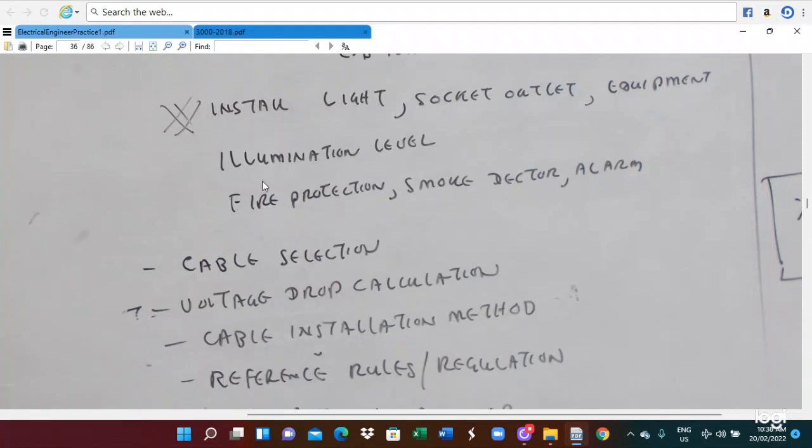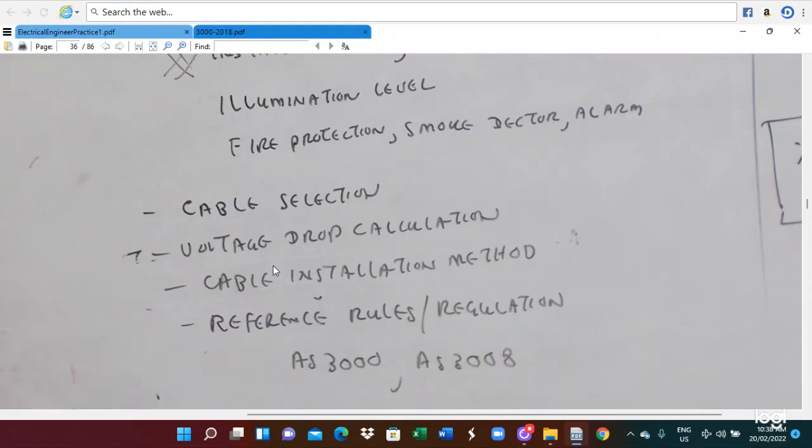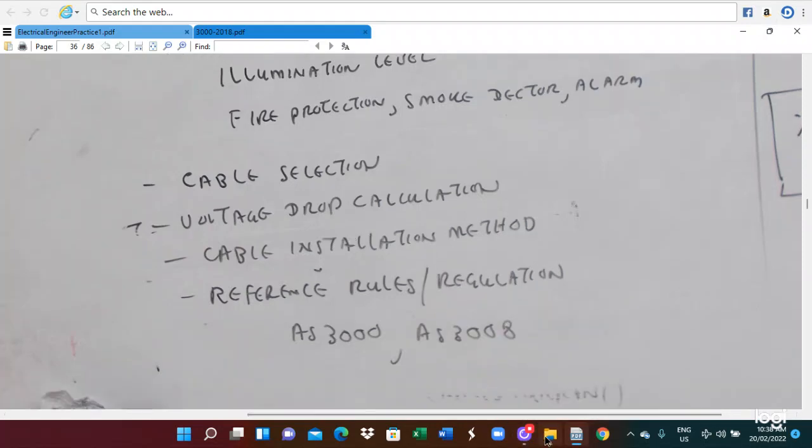Then depending on your lighting and socket outlets, we have to determine the cable selection. For cable selection, we utilize the AS3008 rule. And then we also have to calculate the voltage drop, the cable installation method, and reference rules and regulations. Then we utilize the AS3000 rule. So this is the way we calculate and solve the problem.